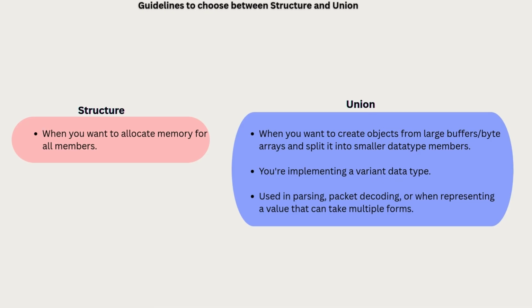Like if you don't know the size of the data, or you have a data type whose size is variable and type also changes, in that case we will discuss with an example. So you can use union, and union is mostly used in packet decoding, parsing, a lot of places. So we will see it with one example.